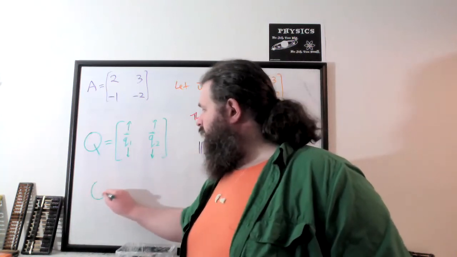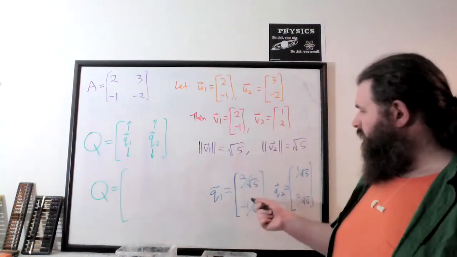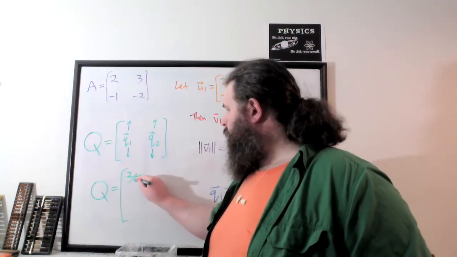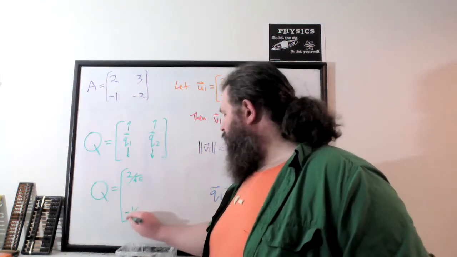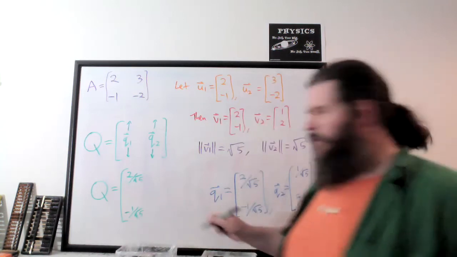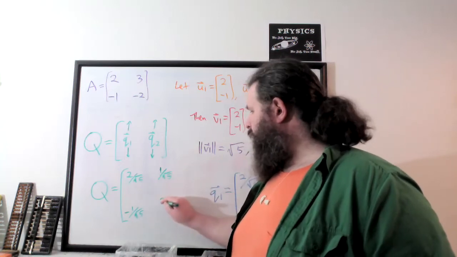So in this case, matrix Q would be, and we just list these out, 2 over root 5, -1 over root 5, and then this column, 1 over root 5, and 2 over root 5.